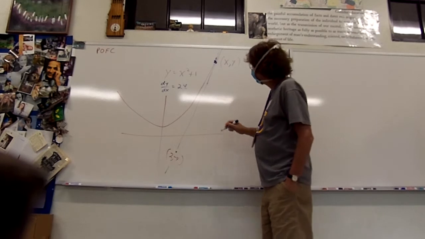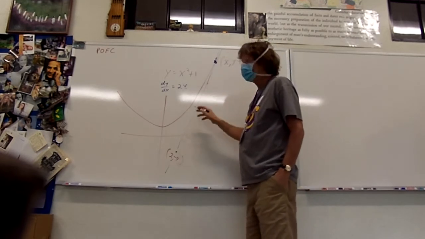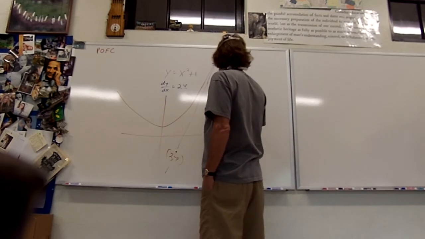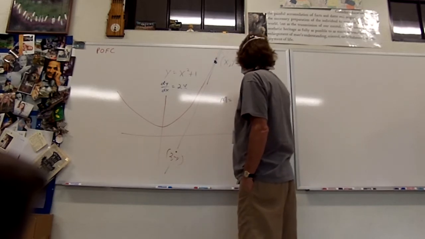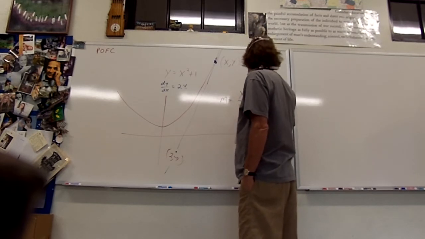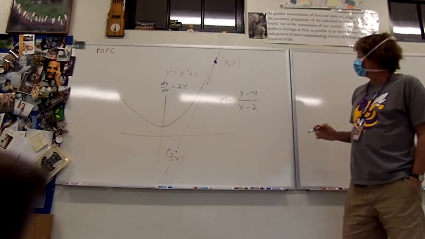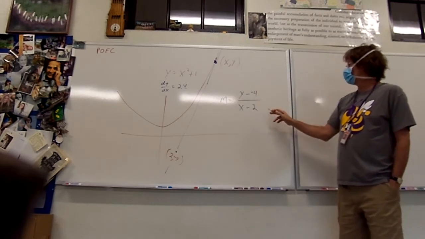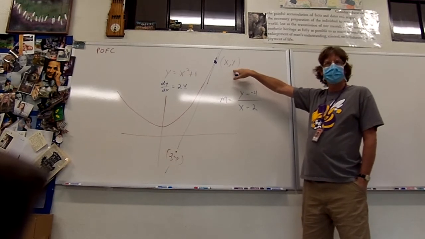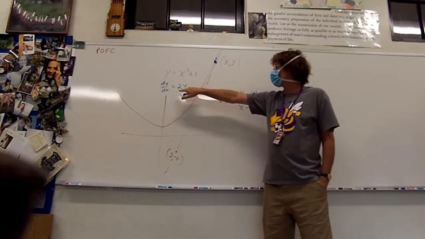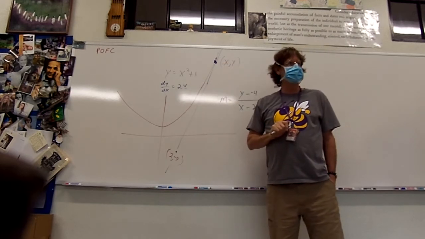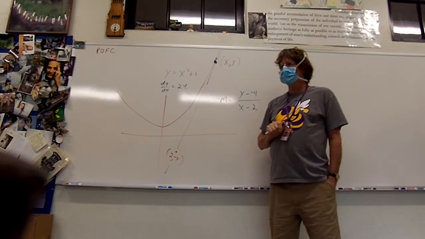Now, if you look at this, you see this line? If you were to find its algebra slope, you would just go y minus -4 over x minus 2. And that would be the algebra slope for that line at this x, y value. And this is our instantaneous slope of that line at that x value. Okay?